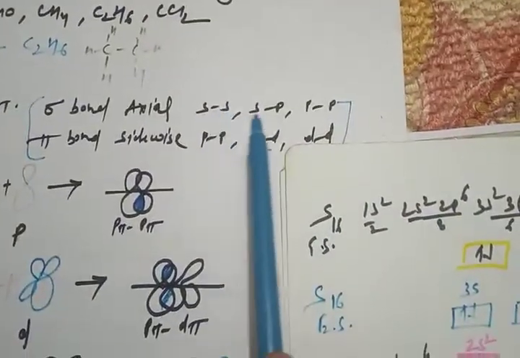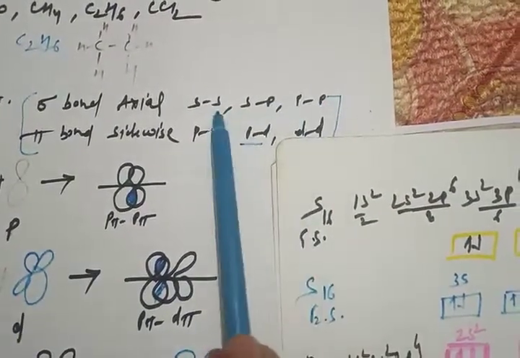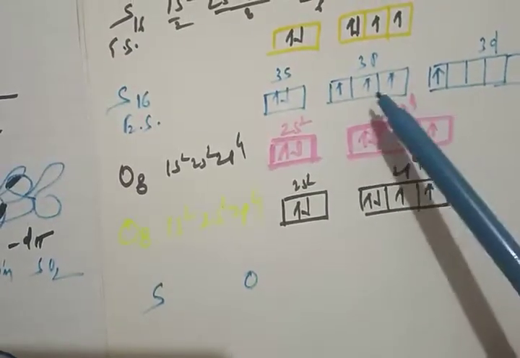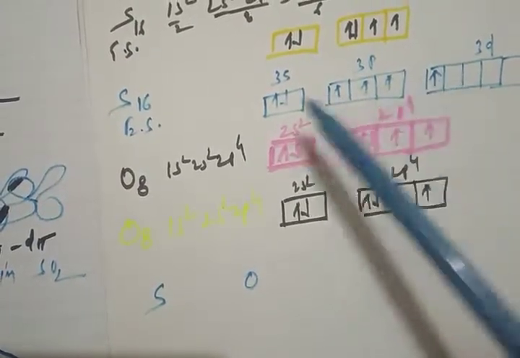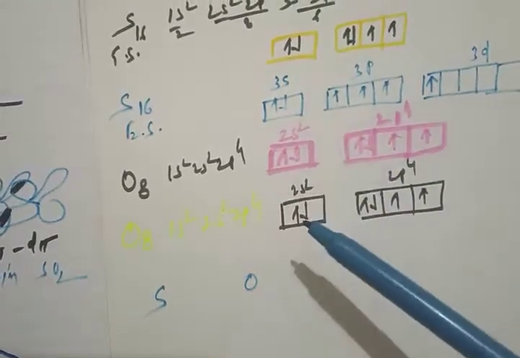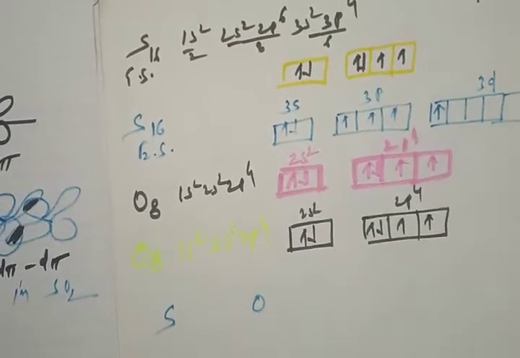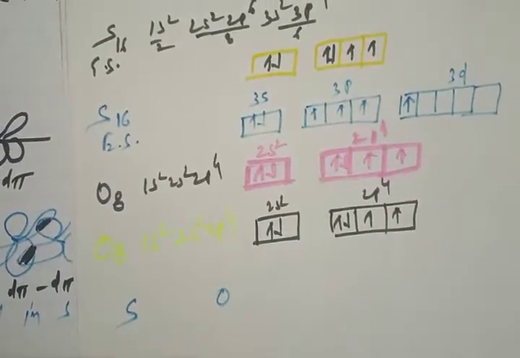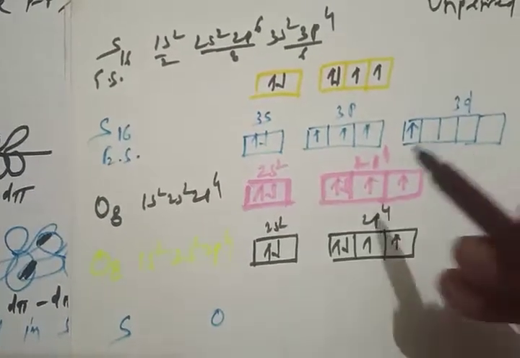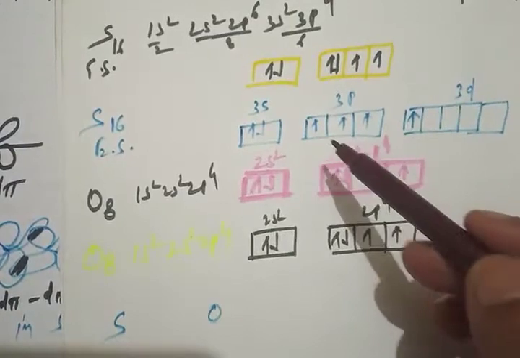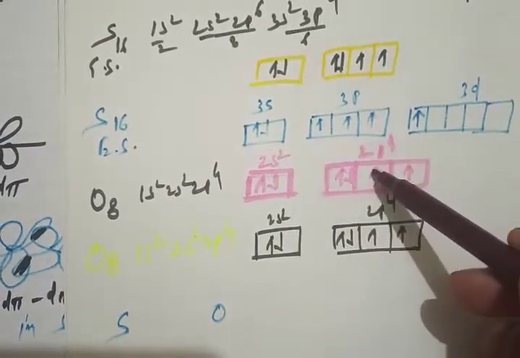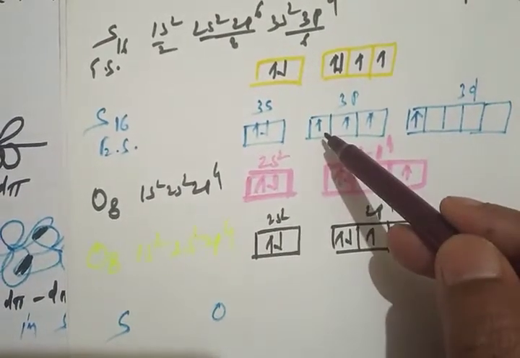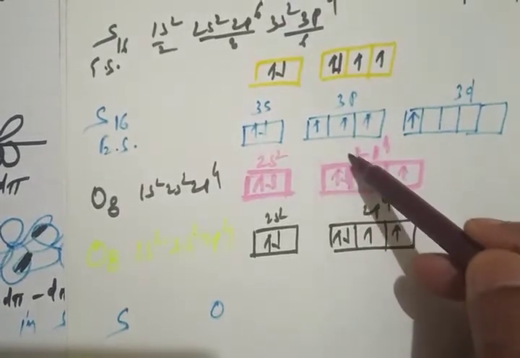That means the formation of a sigma bond only occurs with PP. It is not possible with SS or SP, because we have no unpaired electron in S. You can see here and here also. So the first sigma bond can be formed very easily with this one.